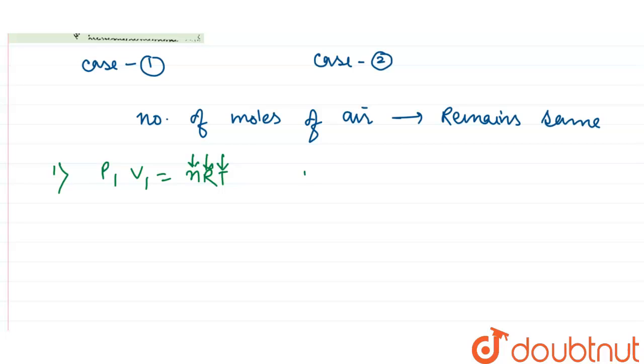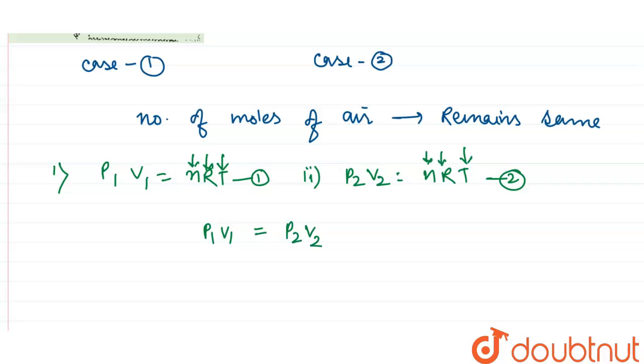And for case second, we apply the ideal gas equation, that is P2 V2 equals nRT. For case second, the number of moles, universal gas constant, and temperature are constant. So from equation 1 and equation 2, we can say that P1 V1 equals P2 V2.